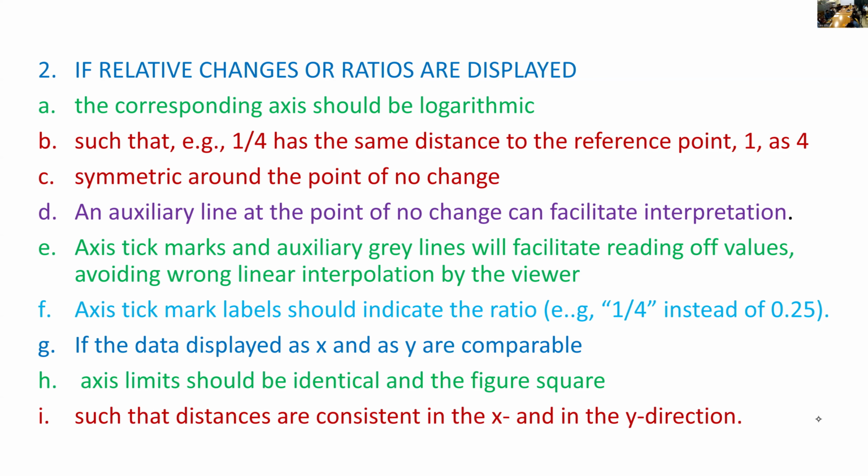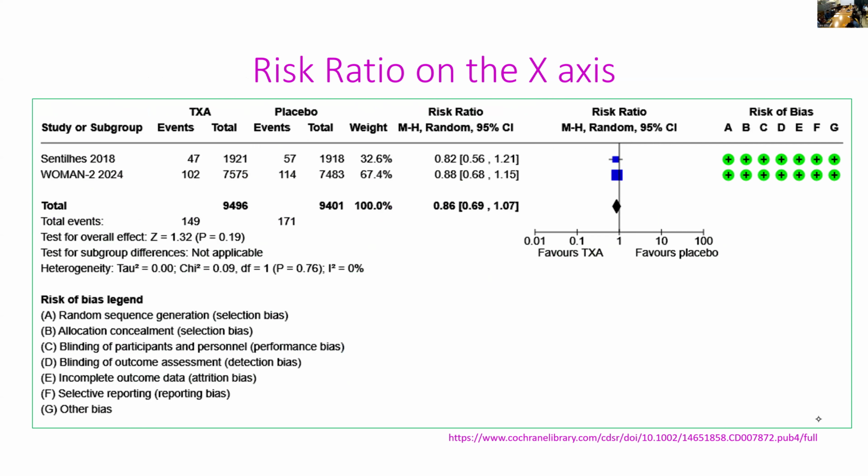Let's understand this picture. Can somebody interpret this picture? This is comparing tranexamic acid with placebo for women with bleeding, and the relative risk or risk ratio is in the picture. What does the line of 1 mean? Equal.